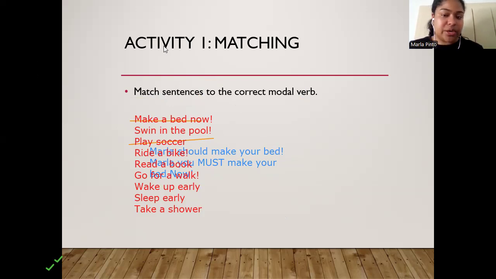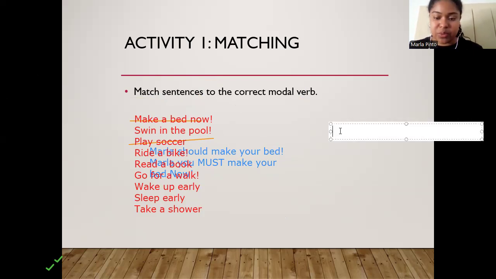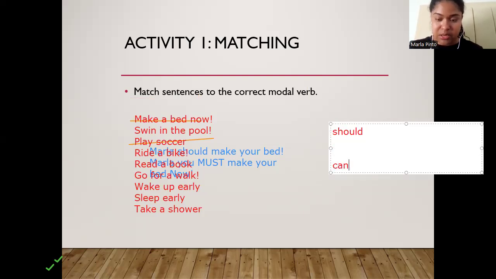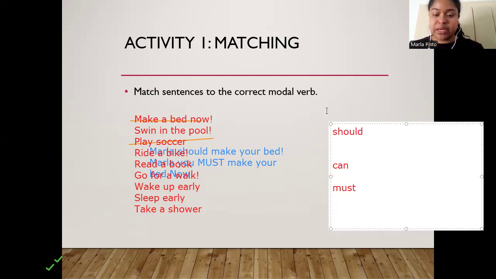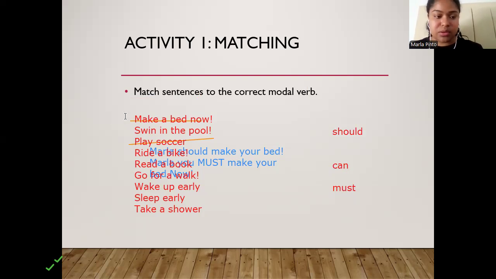Let's put here now. Here, let's write should, can, must. Okay, let's take those ones.